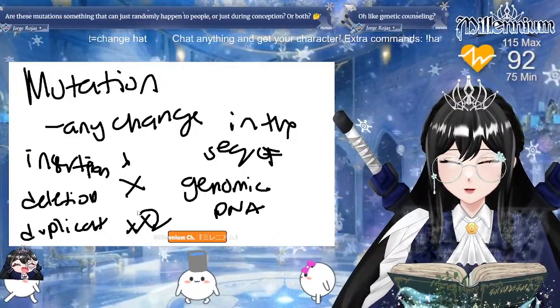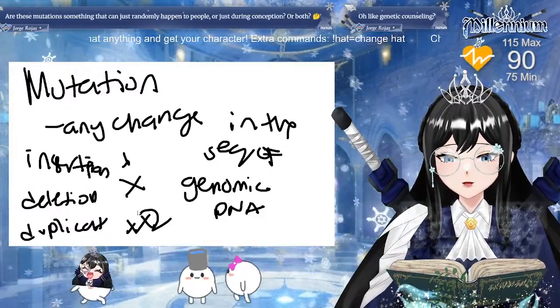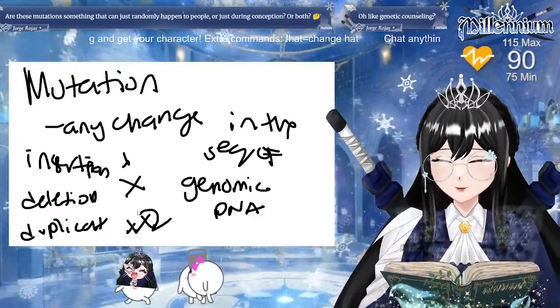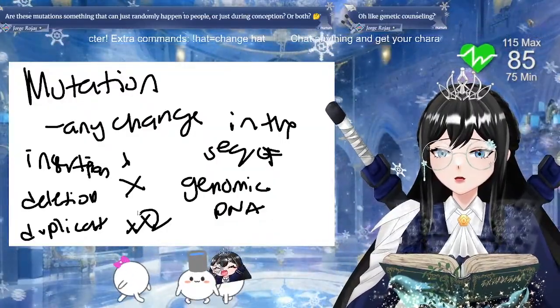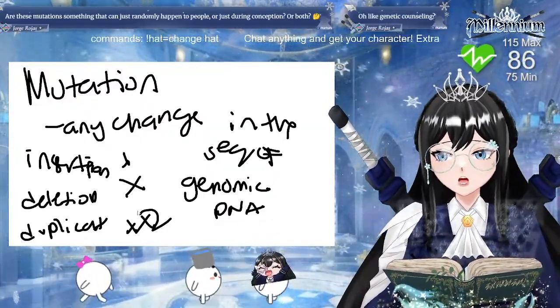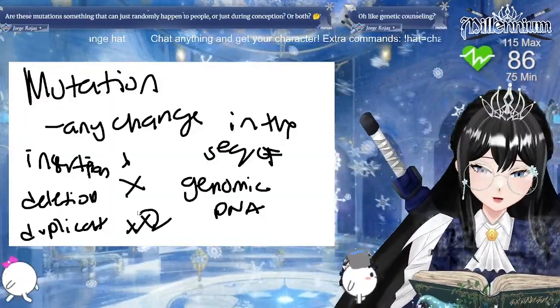So that's why, in summary, wear sunscreen, or go get genetic counseling. So yeah, it happens randomly to people, or because of certain situations or certain pairings.